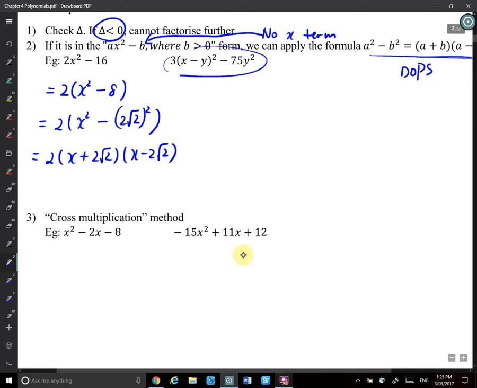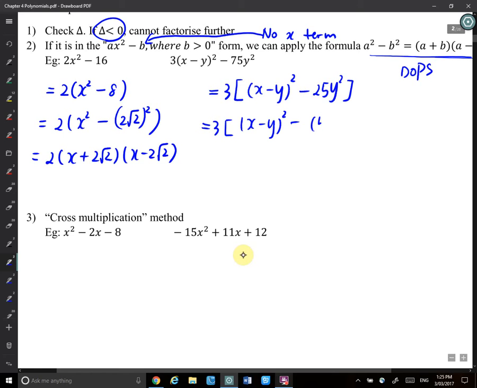Next one: 3 times (x minus y) squared minus 75y squared. So I can take 3 as a common factor, with the square bracket: (x minus y) squared minus 25y squared. But 25y squared is not really in the required form, so that should be (5y) squared.